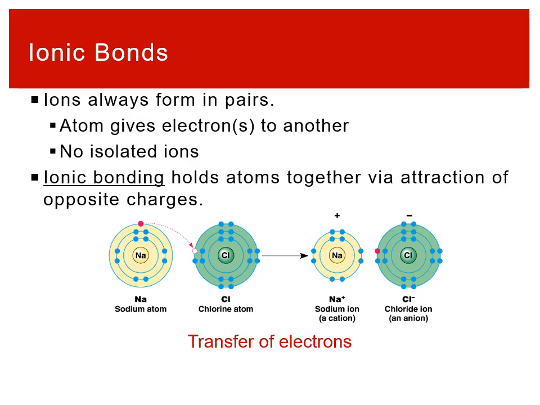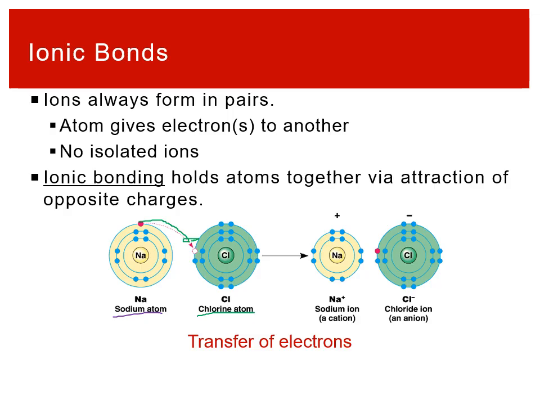Well, we know that ions are always going to form in pairs. If we think about it, for an atom to form a cation, it has to lose electrons, and to form an anion, you have to gain an electron. So functionally, you have an atom, say sodium, that tends to form cations, that wants to lose an electron, and it pairs up with an atom like chlorine, that tends to form anions, tends to gain electrons, and an electron is transferred.